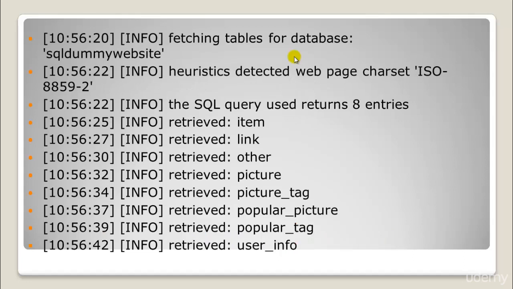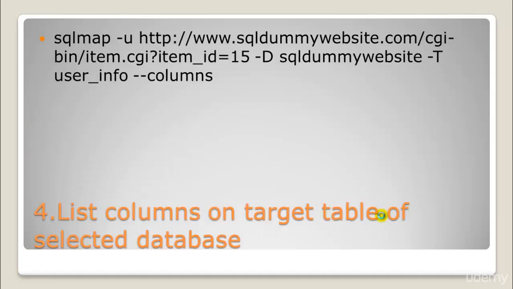It's more than 8 obviously, but these are the tables that we will get. Fetching tables for databases, heuristics detected web page. These are the tables: item, link, other, picture, picture tag, popular picture, popular tag, and user info. And of course, we want to check what's inside the user info table, as that table probably contains usernames and passwords.